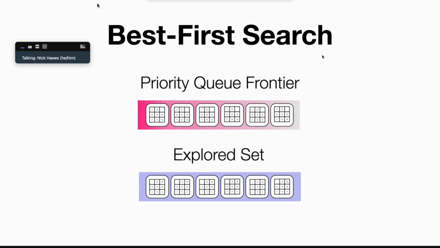Maybe that's the best way to describe it. The frontier says which is the next search node to expand, and by expansion we mean adding to the tree. The explored set is the same every time, it just keeps track of the nodes we've seen. And really keeps track of the states we've seen, because we don't want to repeat states.